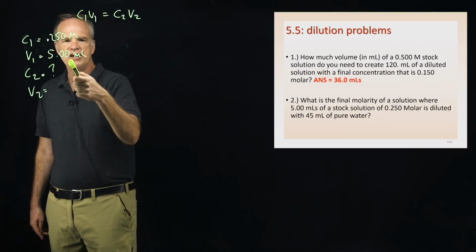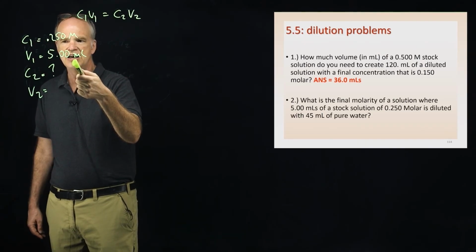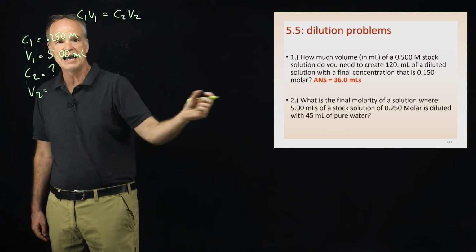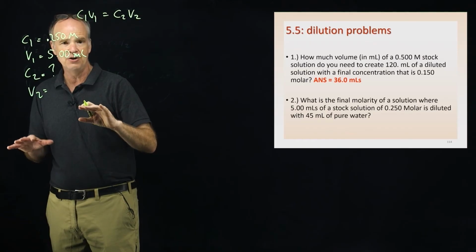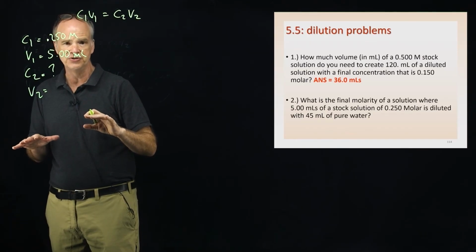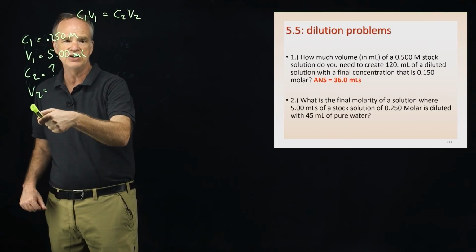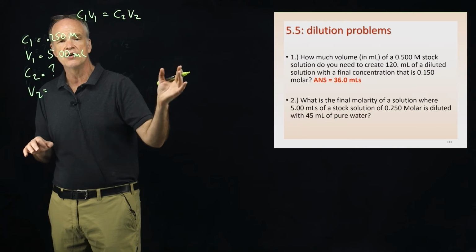What we're doing is we're taking 5 mL of this concentrated solution, and then apparently, according to the problem, we're diluting that 5 mL by adding 45 milliliters of water. So the final volume in the diluted solution is really 50 mL. Remember, when you have V2, you don't want to put in the amount of water you're adding.